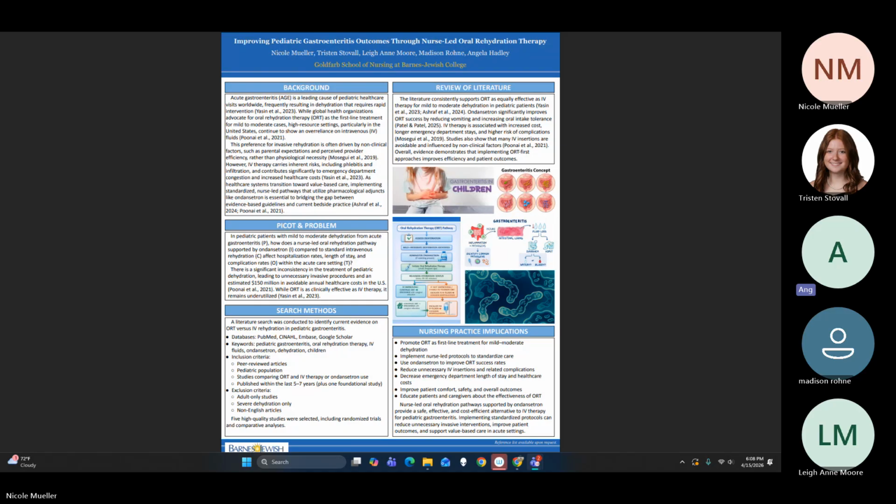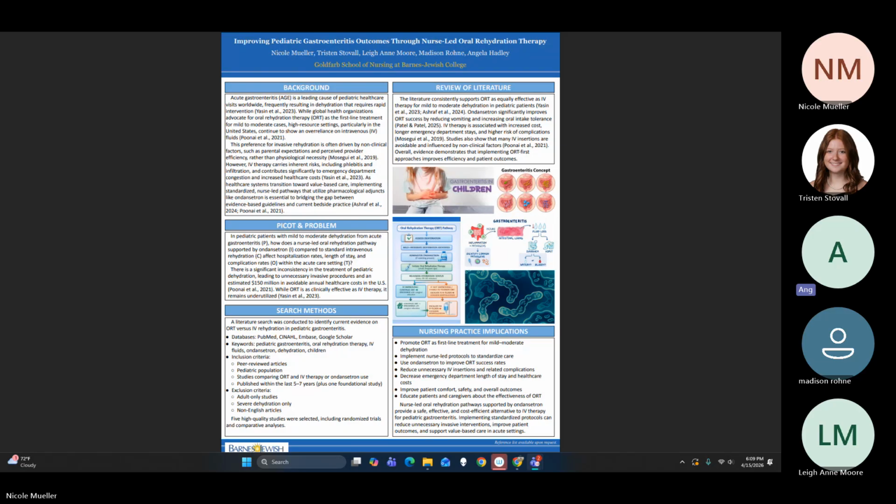Third, there is often a concern about speed and control of treatment. IV fluids can appear to correct dehydration more quickly, which may make providers feel more confident in acute settings. However, the research shows that faster rehydration does not necessarily lead to better overall outcomes.